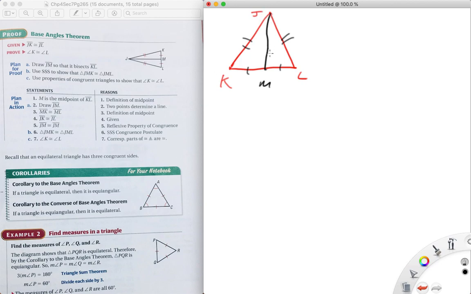By drawing the auxiliary line such that it cuts the base in half, we can make this segment congruent to itself. Then all three sides are congruent. Therefore, the corresponding parts are congruent. And that's the proof right there. I'm not going to write it down.